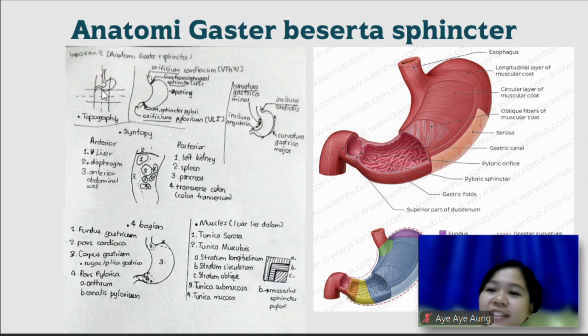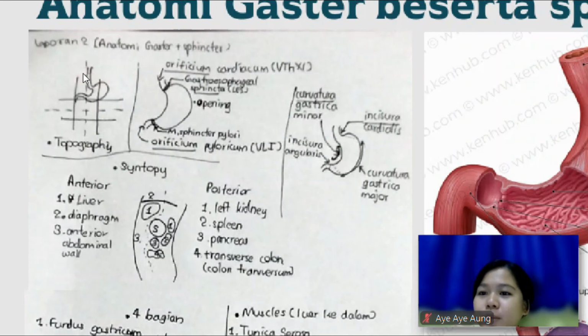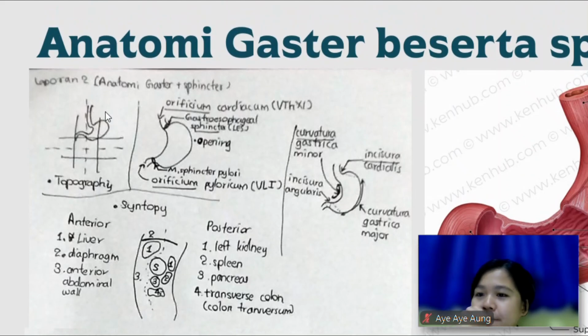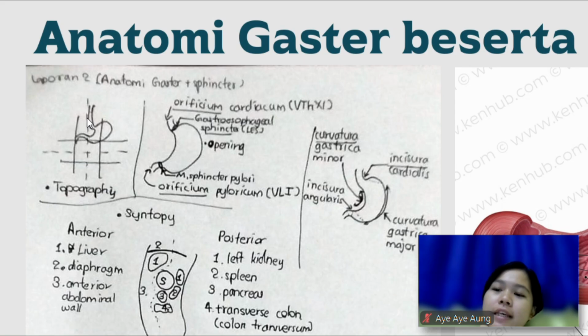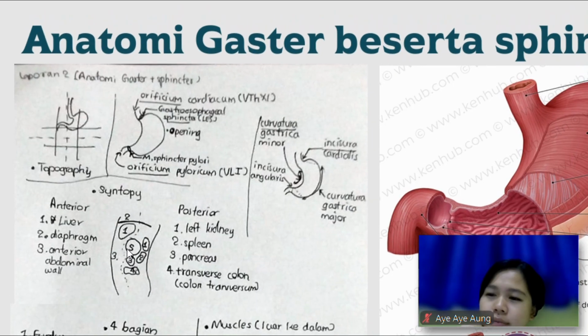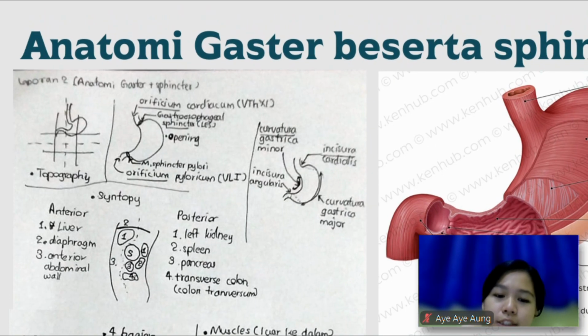So these are my notes, so it looks a little bit messy, but we will walk through it. Okay, so this is the position of the stomach. So it's the topography. The stomach is in the epigastrium and the hypochondrium sinister region. We move on to the syntopy. So syntopy is like a position relative to other organs.